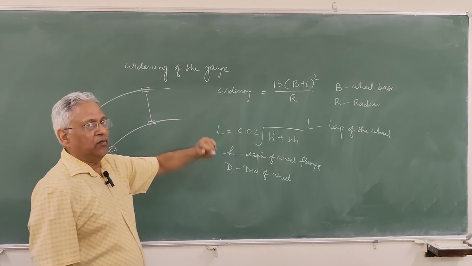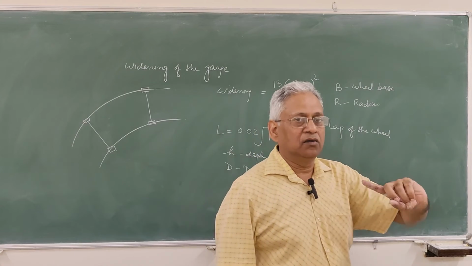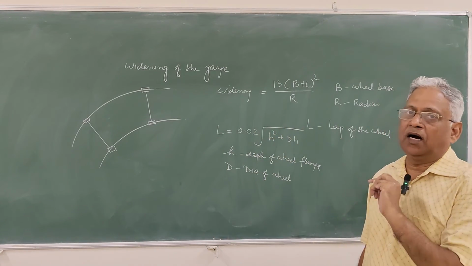Now this is the extra widening required on horizontal curve of radius R.